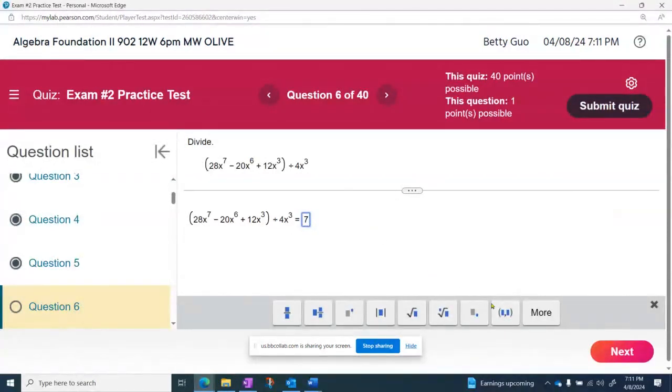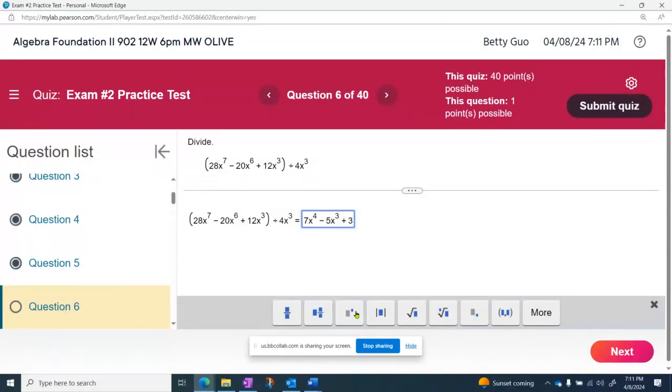7x to the power of 4 minus 5x cubed plus 3. Double check.